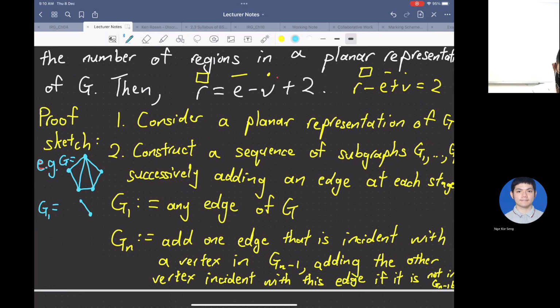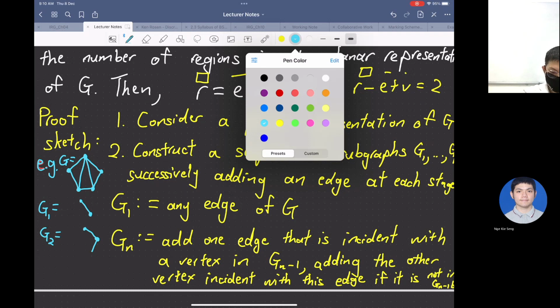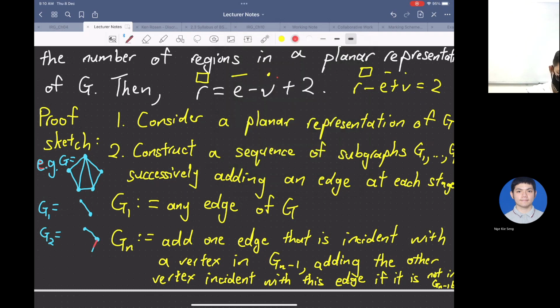Okay, so this is a graph. And then for G2, what you can do is add another edge such that the edge is incident with a vertex in the previous graph. So either you can add the right one or the left one. It doesn't matter. Let's say we add this one. When we add this edge, the vertex is not in the previous subgraph yet, so we need to add the vertex in.